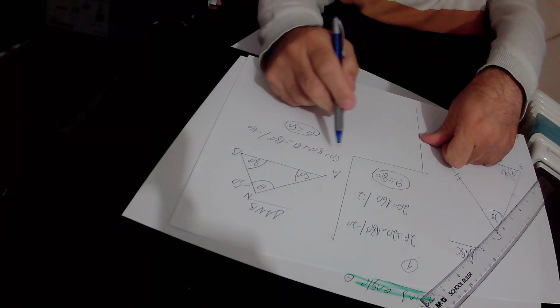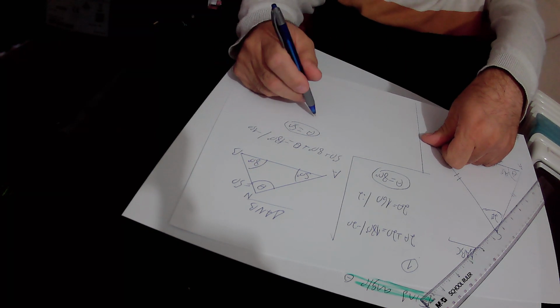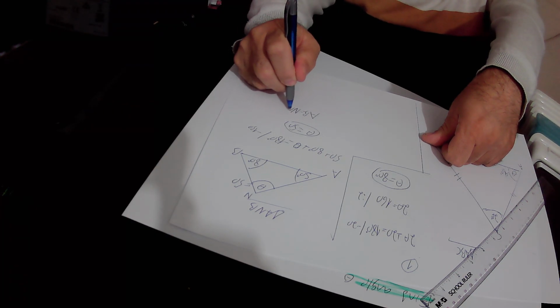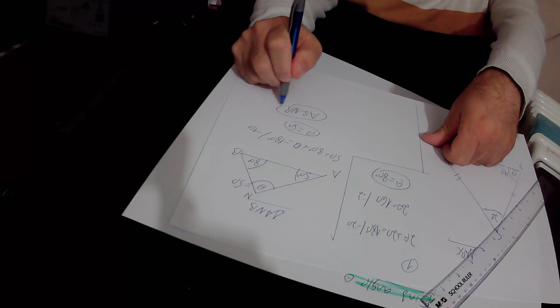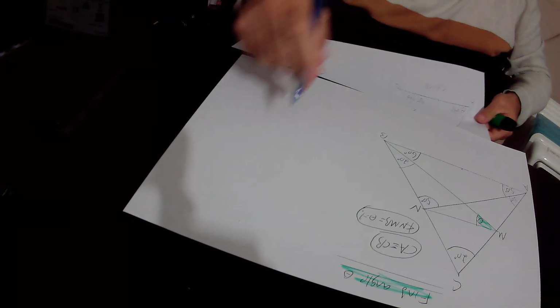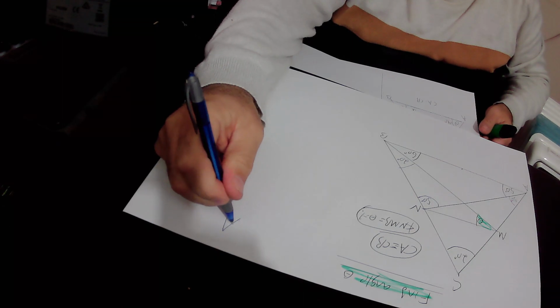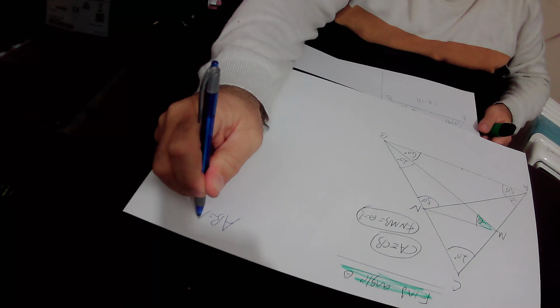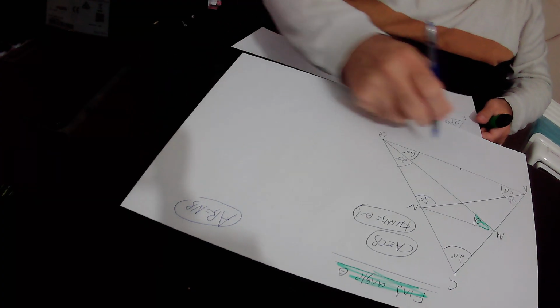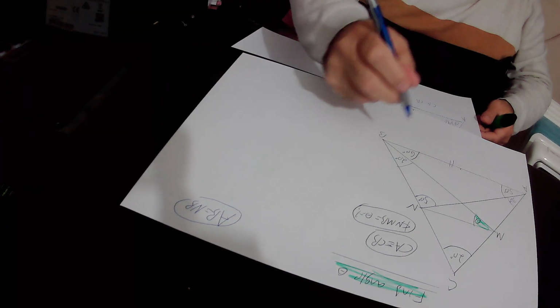That is to say, side AB equals side NB. So I'll write it down here. Let AB equal NB, and also here side AB equals side NB.